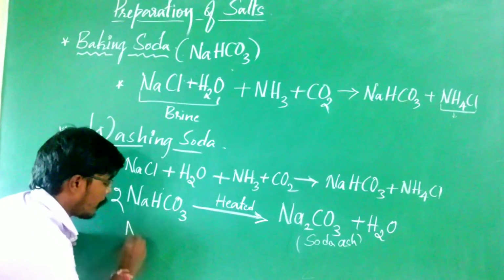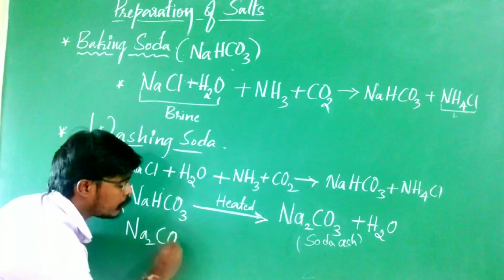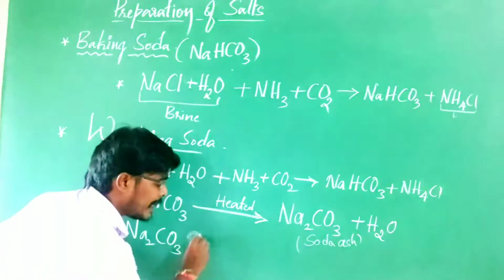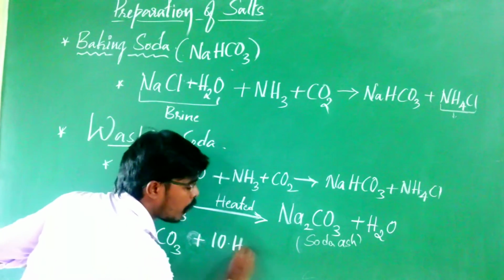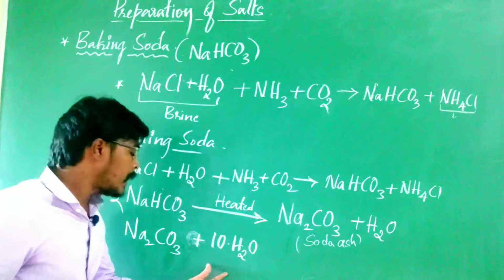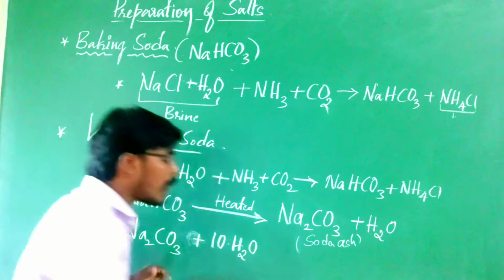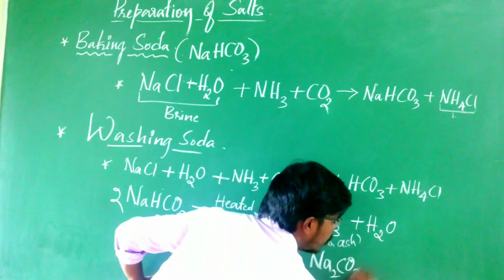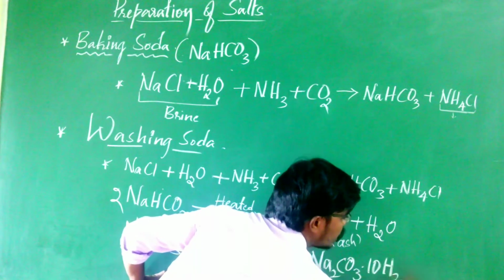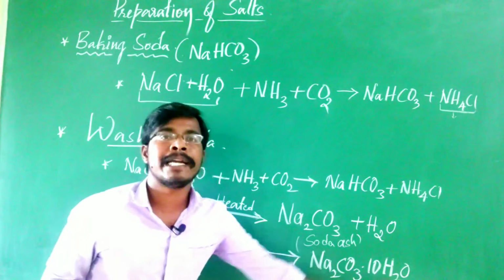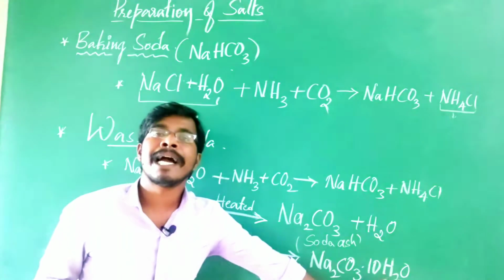Then that soda ash, sodium carbonate, Na2CO3, is taken and dissolved in some amount of water. 10 molecules of water will get attached to the sodium carbonate and it is going to form Na2CO3·10H2O, which is called sodium carbonate decahydrate.